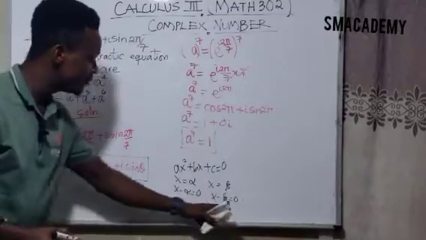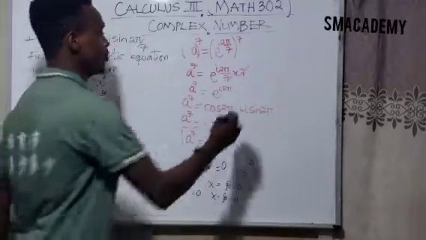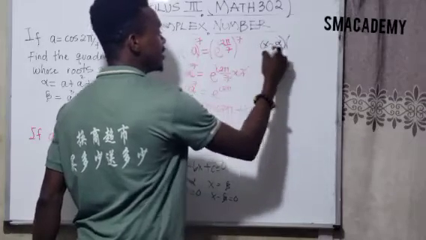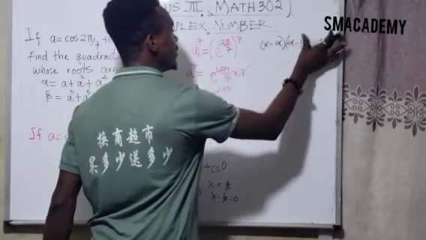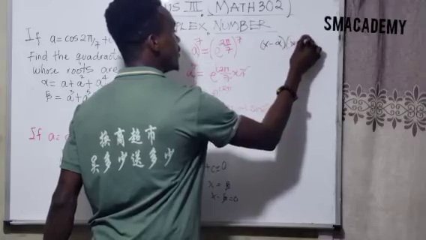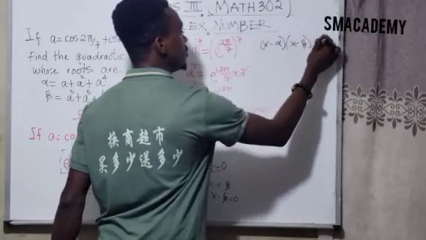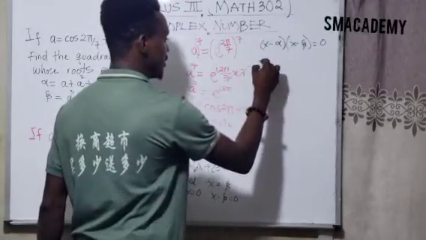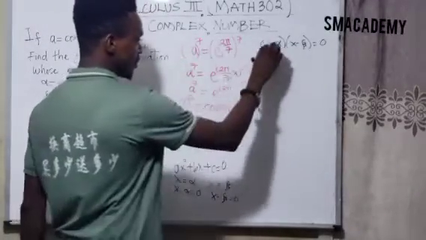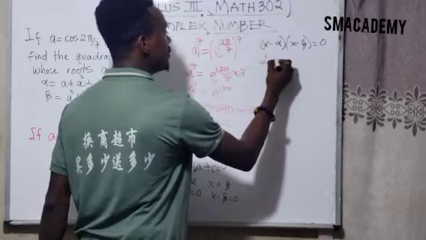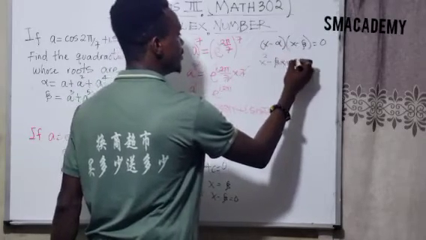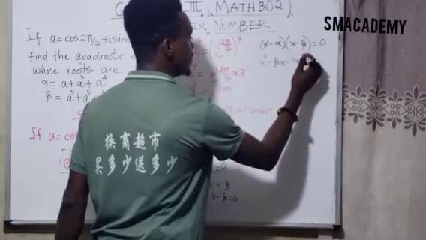So if we multiply these two, we have x minus alpha multiplied by x minus beta equal to 0. Multiplying, x times x is x squared, x times minus beta is minus beta x, and minus alpha times x is minus alpha x.